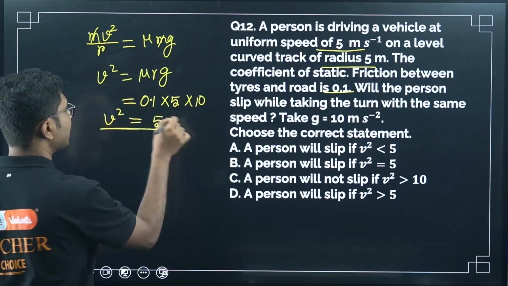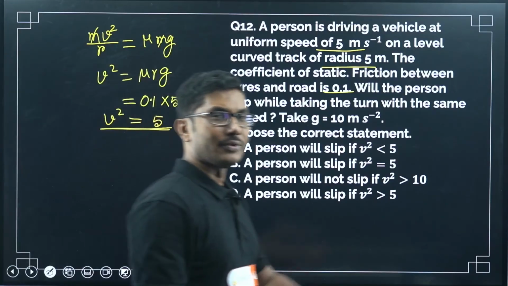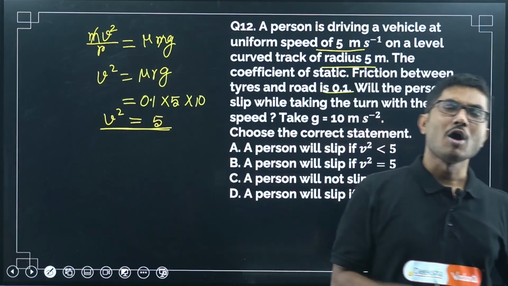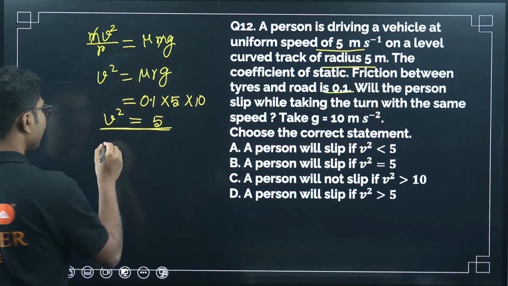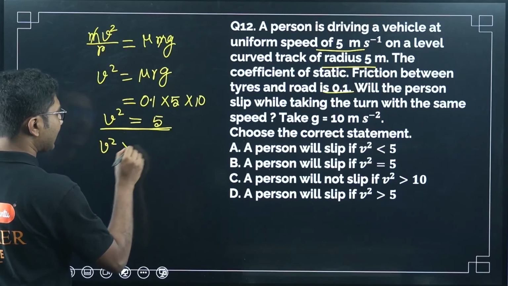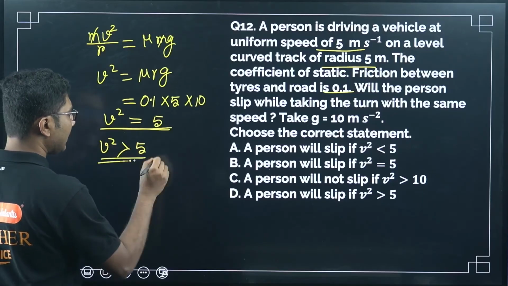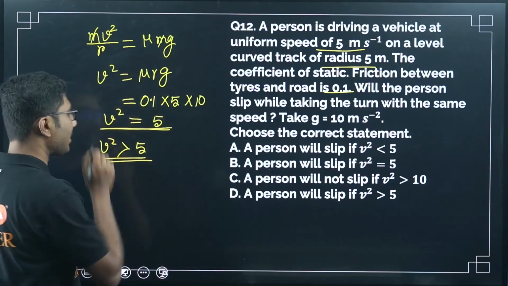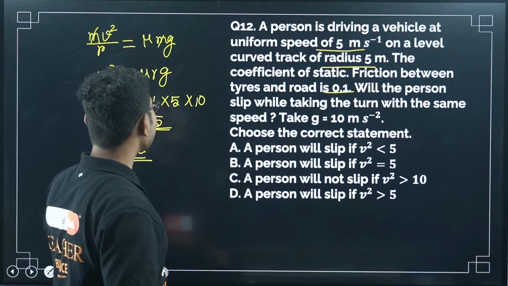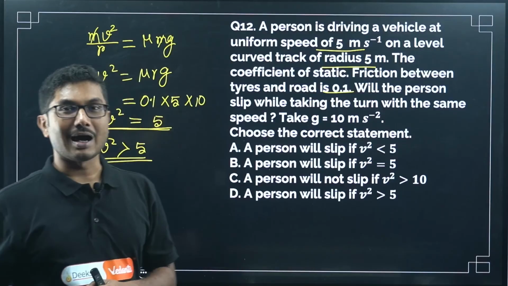If v square is equal to 5, then the car will just start to slip, or we can say it is not slipping. But if v square value is greater than 5, then definitely the car will slip. This is the maximum possible value with which the car can move.